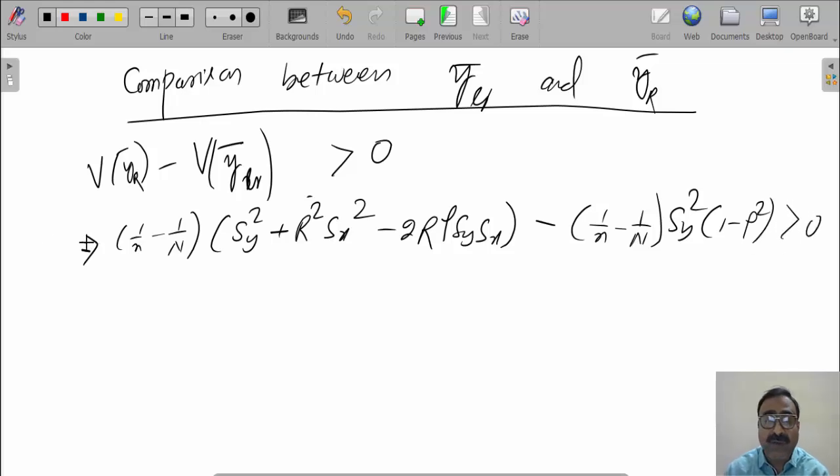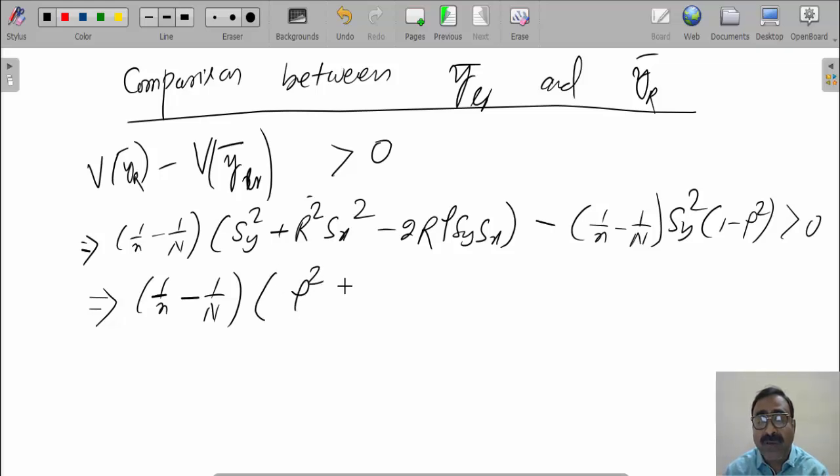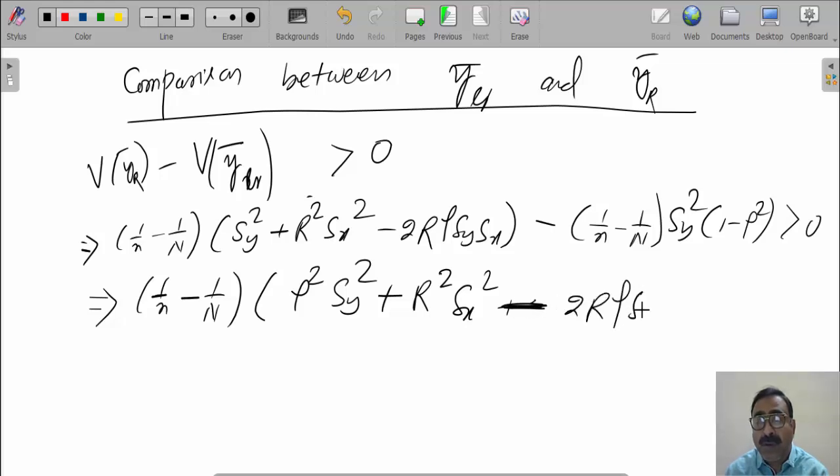That implies (1 by small n minus 1 by capital N) (rho square sy square plus r square sx square minus 2r rho sy sx) is greater than 0.